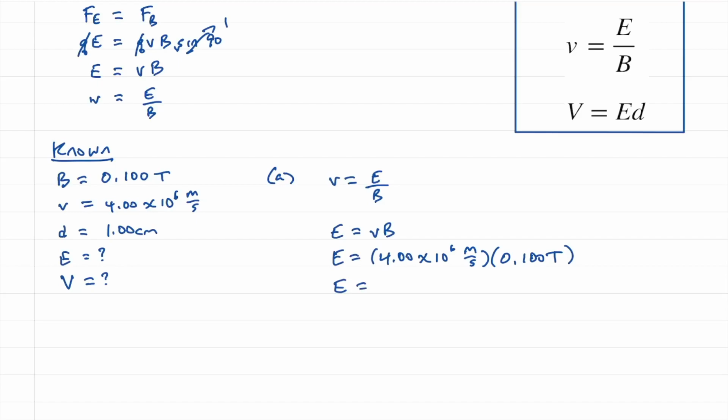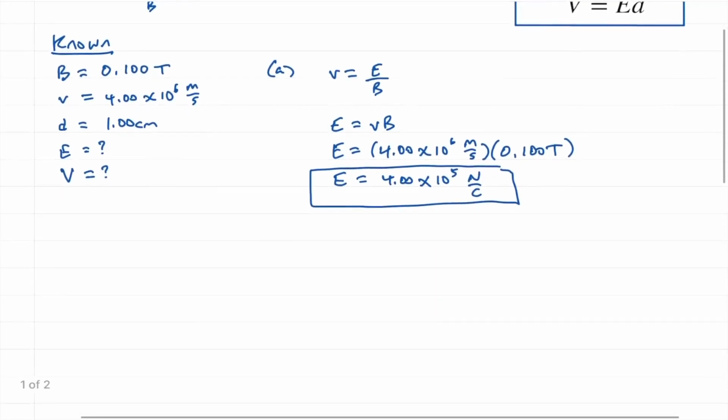This gives us an electric field of 4.00 times 10 to the 5th, and then we will have newtons per coulomb. Okay, so that's part A.